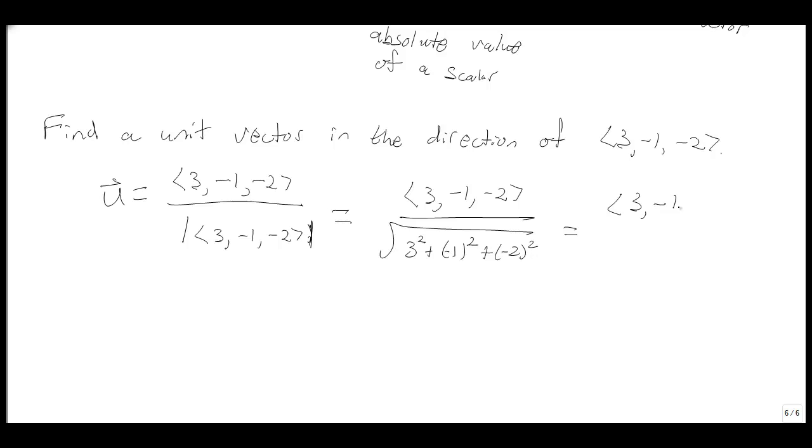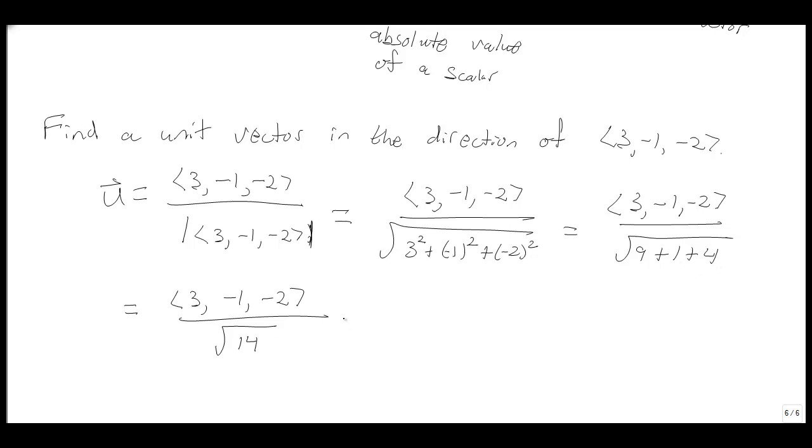That's 3, negative 1, negative 2 over the square root of 9 plus 1 plus 4. So I get 3, negative 1, negative 2 divided by the square root of 9 plus 1 is 10 plus 4 is 14. And now when I have this scalar on the bottom, I could say this is 1 over square root of 14 times this vector.